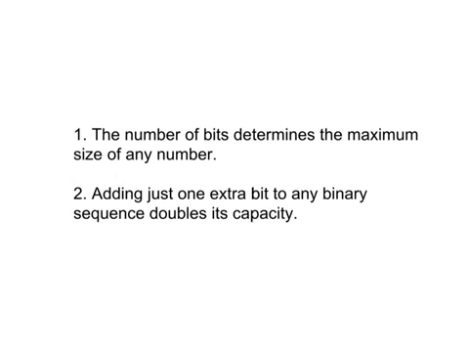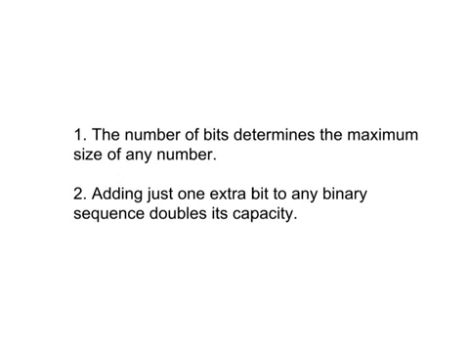So here we learn 2 very important principles. First of all, you can see that the number of bits determines the maximum size of any number. So if you only have 3 bits, you can't store a value greater than 7, and so on.